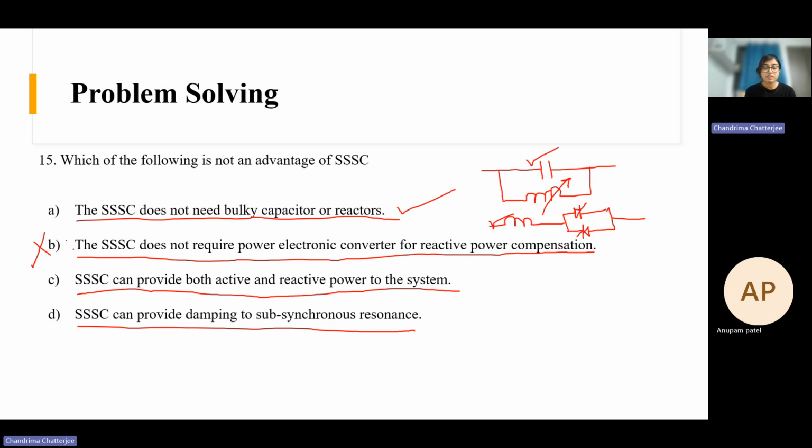This is not an advantage because we require a power electronic converter, and SSSC is definitely a converter based on power electronics. STATCOM and SSSC, these two are power electronic based compensators. So option B is correct.